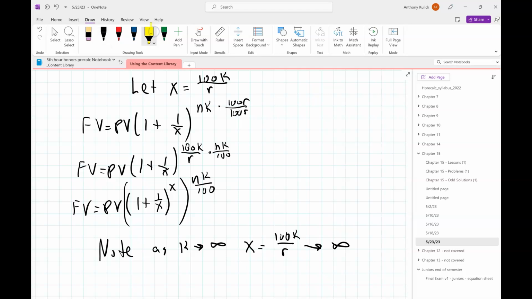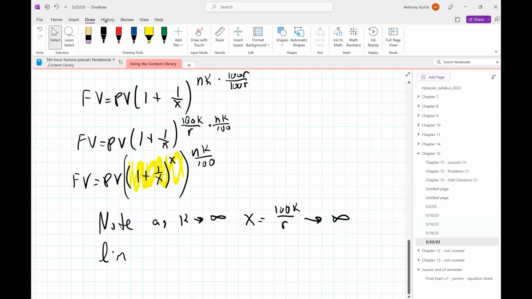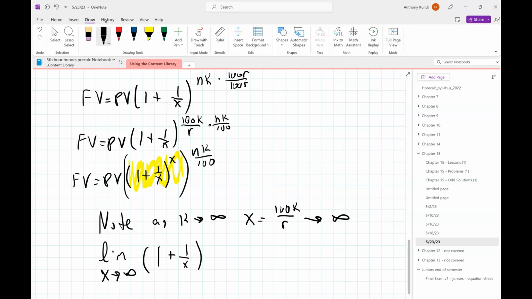So if I take a look at this piece here, and I look at the limit as x approaches infinity of this, does anybody recognize that? We talked about it earlier this chapter. This is something. Carmen?